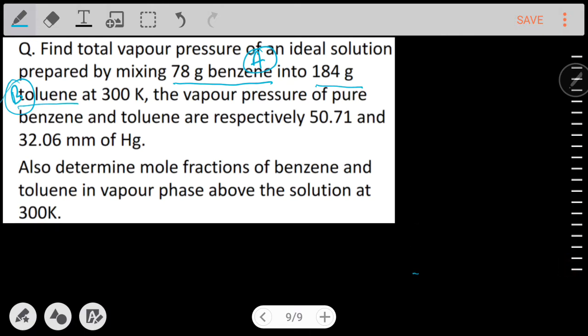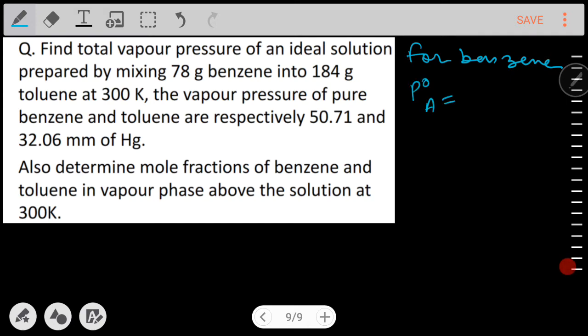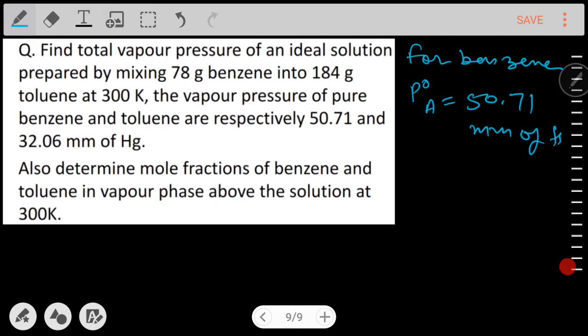So what things are given here? For benzene, P naught A is given, that is 50.71 mm of Hg.